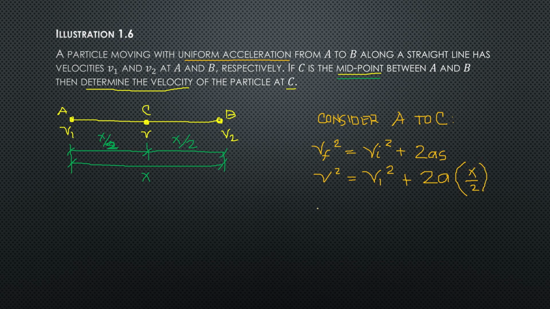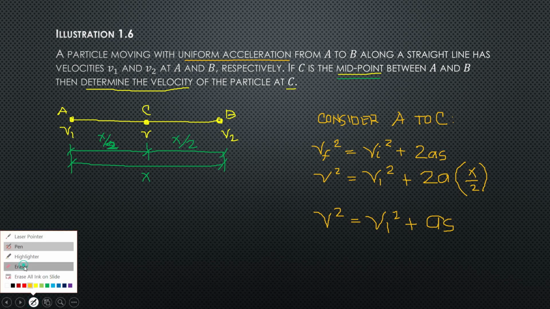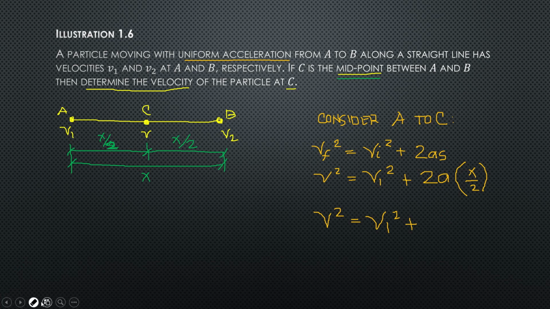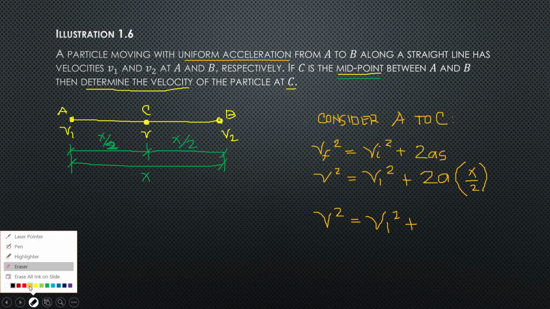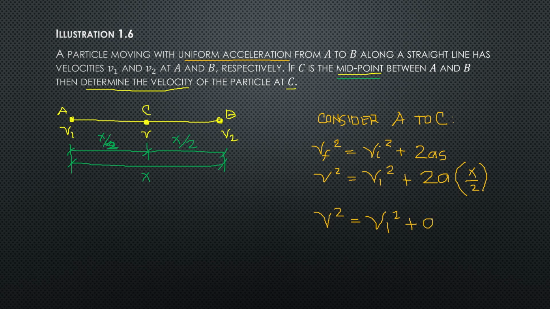So v squared will be equal to v1 squared plus ax. Let's say this is equation 1.